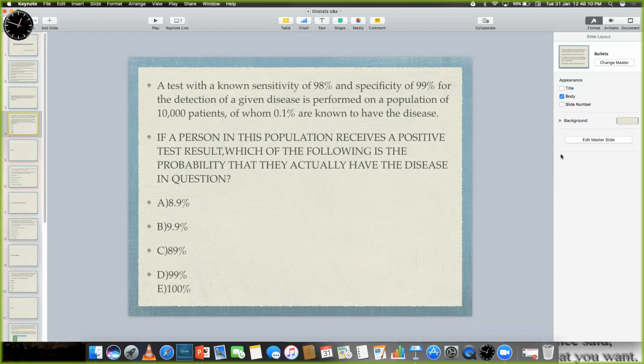Which of the following is the probability that they actually have the disease? So they should be having the disease, and they should also be positive.